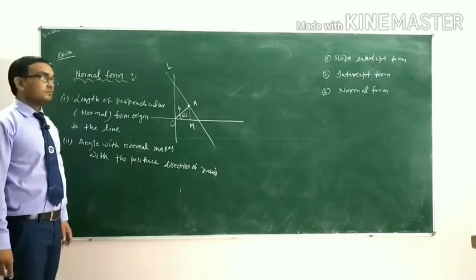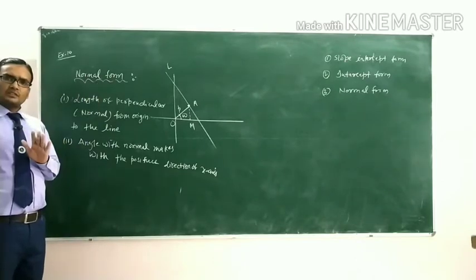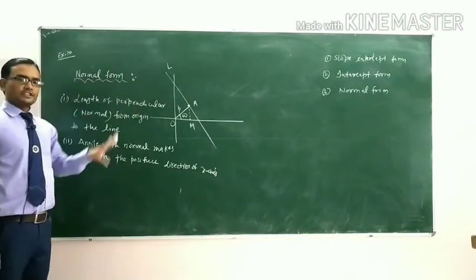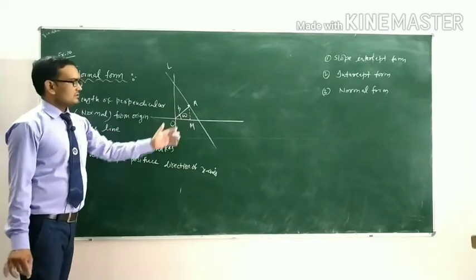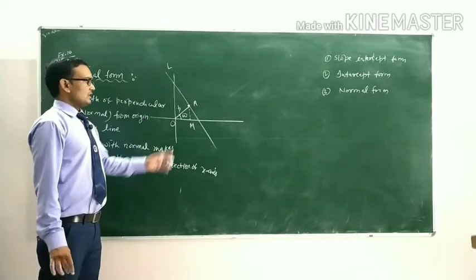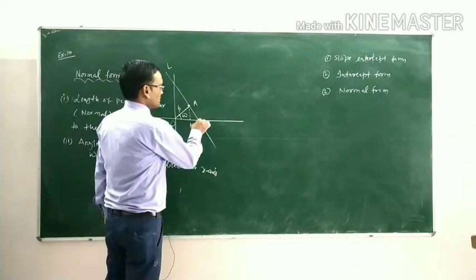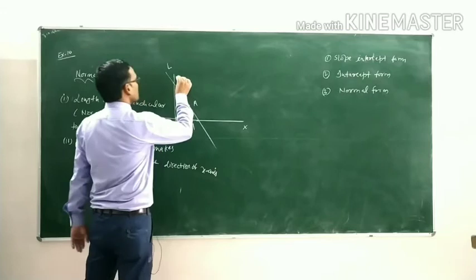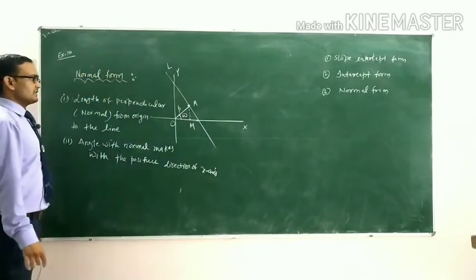Let us move to the normal form of the equation of the straight line. Normal form of the equation of the straight line: in a Cartesian plane, a line passing through the plane intersects both axes, x axis and y axis.